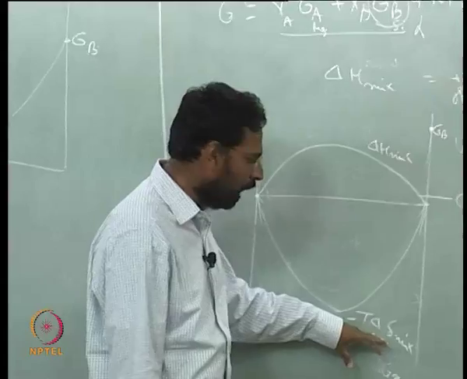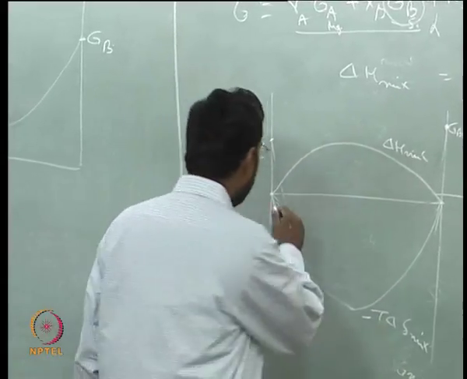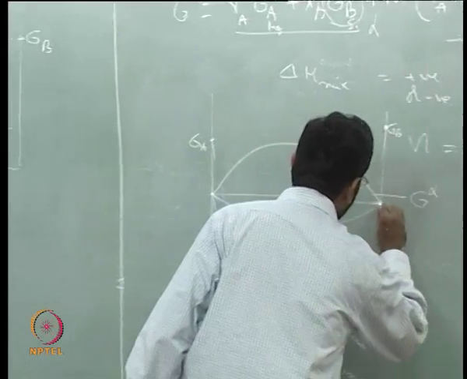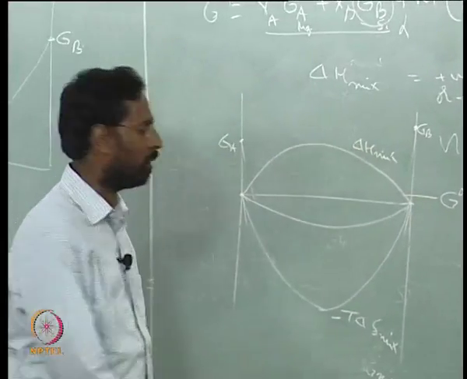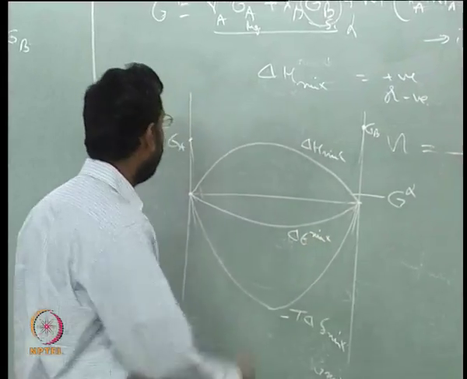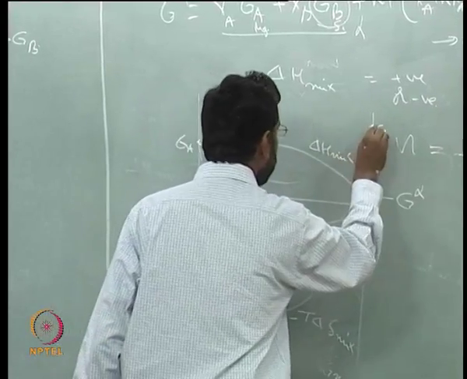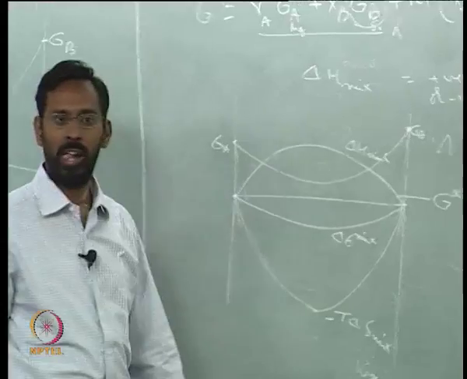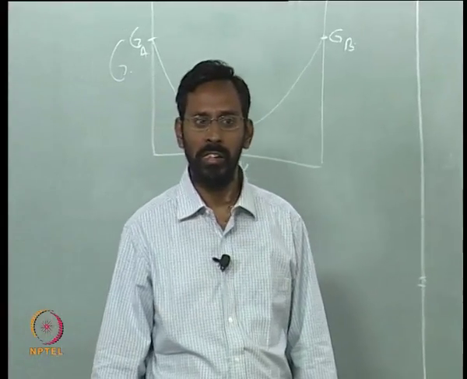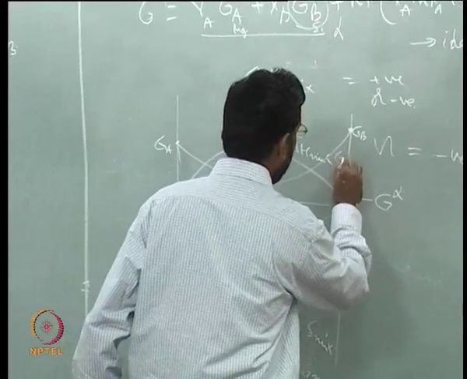If T into delta S mixing is larger than delta H mixing, this delta G mixing will still be negative, and accordingly the actual G would turn out to be something like this.